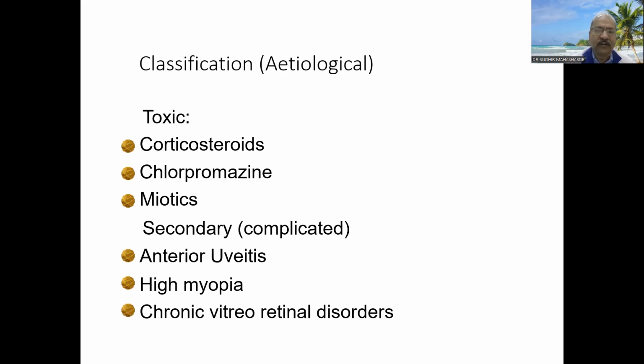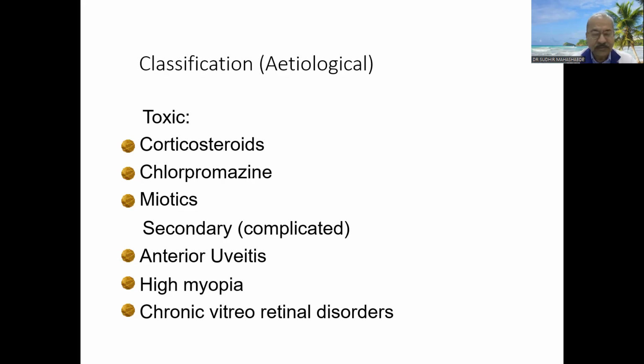Even high use of steroids, corticosteroids, chlorpromazine, and long-term use of miotics can cause cataract. This was usually done in the treatment of glaucoma when no other drugs were available. Long-term use of pilocarpine used to cause complicated cataract.